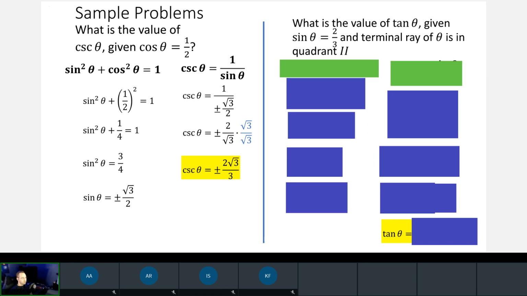It's okay to have different answers because there's more than one way to approach these problems a lot of times. Anybody else? Cosine, 1 over secant. Okay. And sine cosine. Okay. So we got a lot of different answers. Some are the same.